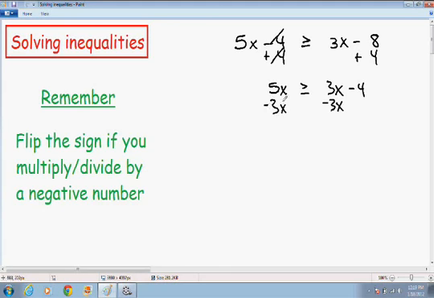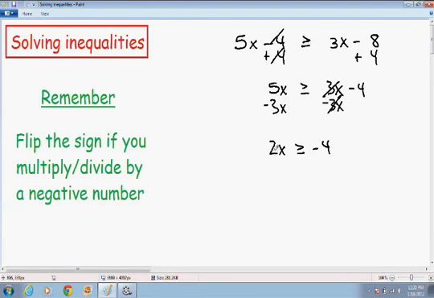On the left-hand side, we have 5x and a negative 3x, which gives us a positive 2x. The sign stays the same, greater than or equal to. Our positive 3x and negative 3x cancel out, and the only thing we're left with on the right-hand side is negative 4.